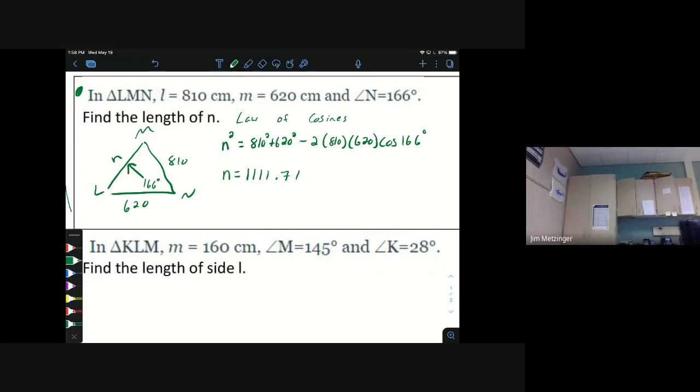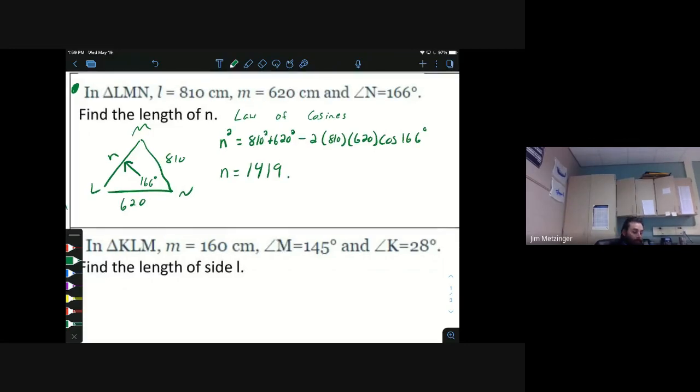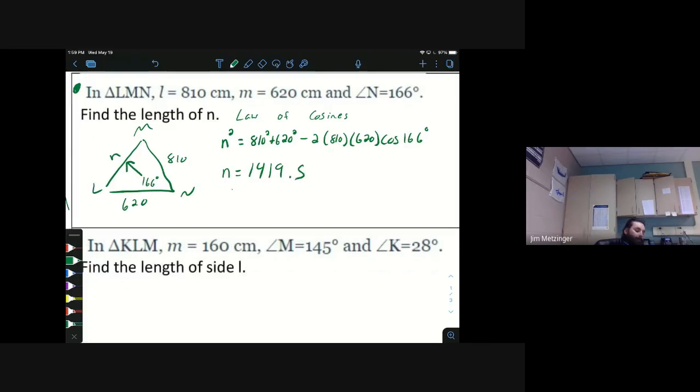Oh my goodness, see the square root? You're in radians, man. All right, I got 1,419. How many decimal places do you want to do? Give me one. 0.5. All right.